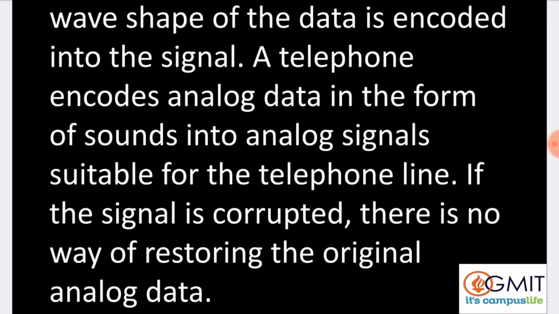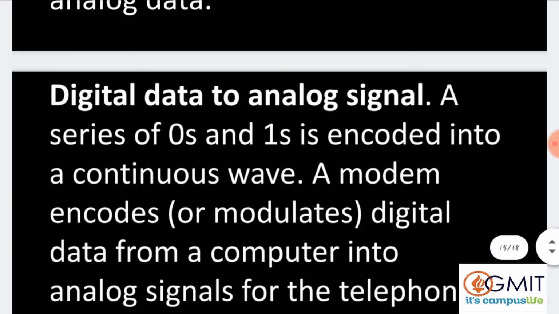If your line is disturbed, if your wire is disturbed, then you can't be heard, or you can't even hear from the other side, because the analog signal or continuity is already broken or compromised, and you can't restore that at that moment.